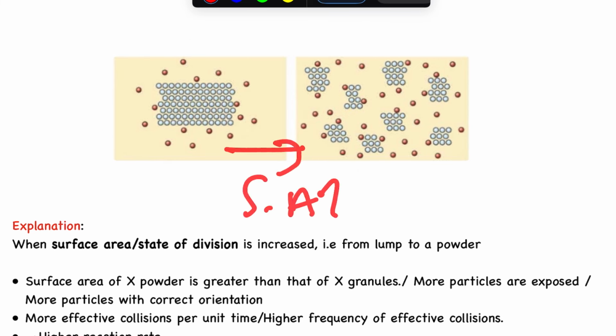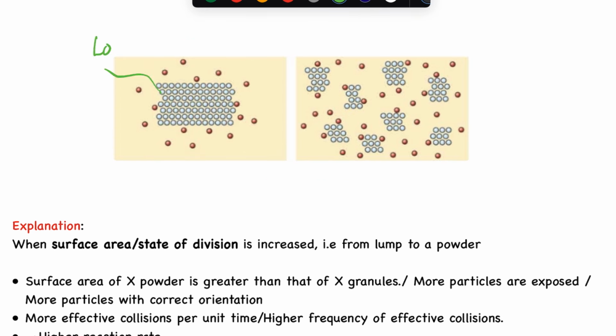Here it has lower surface area. Here it has a higher surface area. So the more you increase the surface area, the higher the rate of reaction.